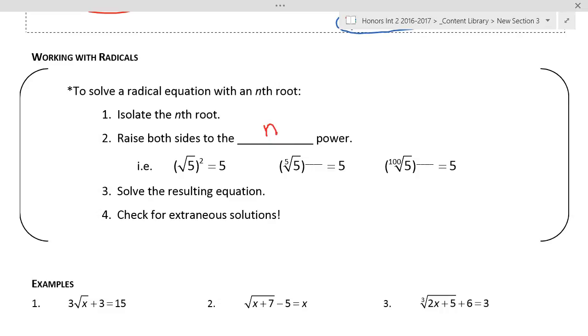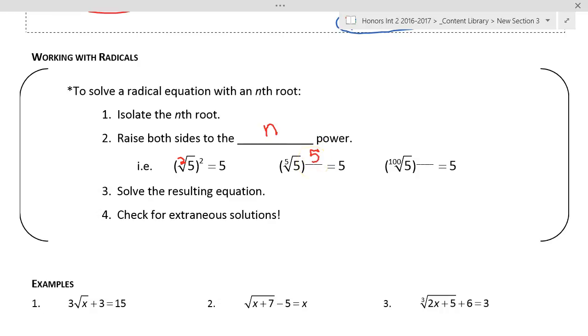So looking here, this is a square root. Square roots have that imaginary 2 there. So I'm going to raise it to the second power. The square root of 5 squared is just 5. Same thing here. The 5th root of 5, I'm going to raise it to the 5th power. That also equals 5. It just gets rid of that root.